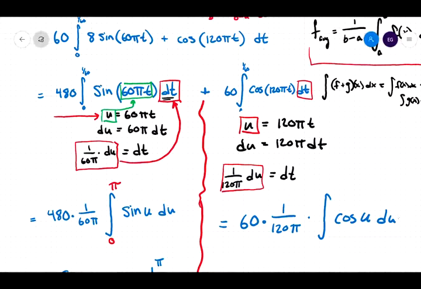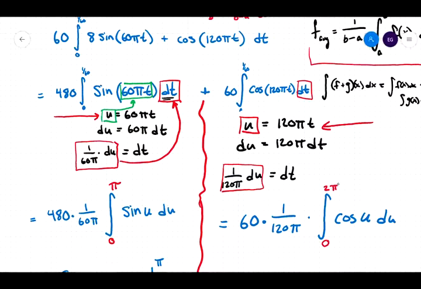And now let's see what we have for our limits of integration. Again, we'll use this equation. When t is equal to 0, u is equal to 0, because 120 times pi times 0 is still 0. And when t is equal to 1 over 60, 1 over 60 times 120 gives us 2, so our upper limit should be 2 pi.